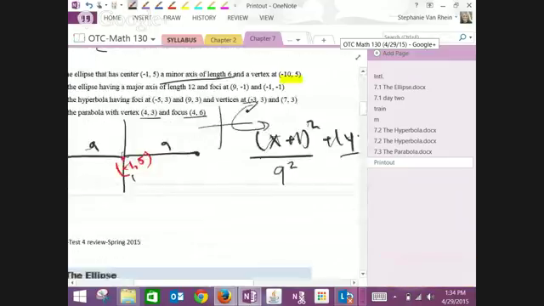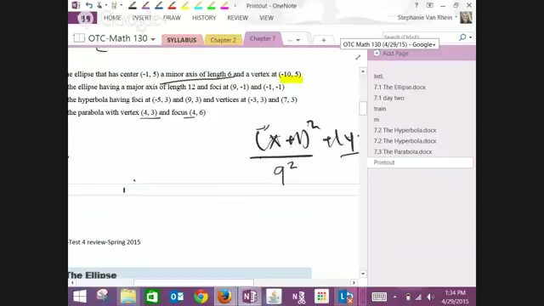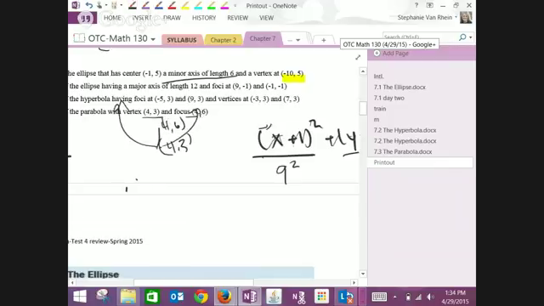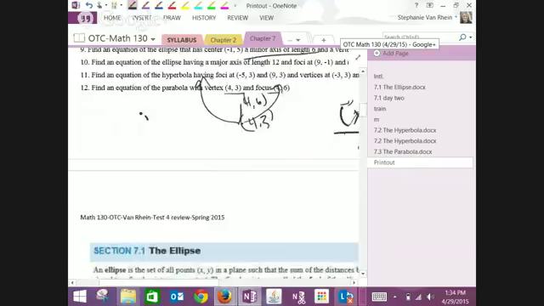Oh, no, sorry. X is not changing. So I have 4, 3, and this is 4. So it's positive, right? P is 3.